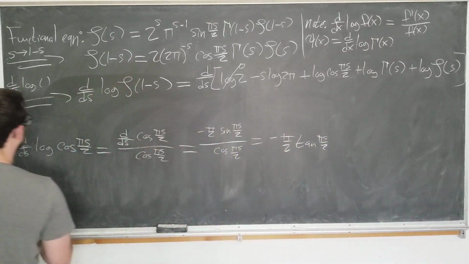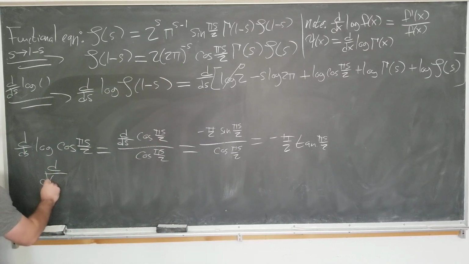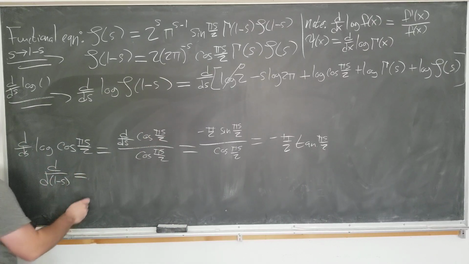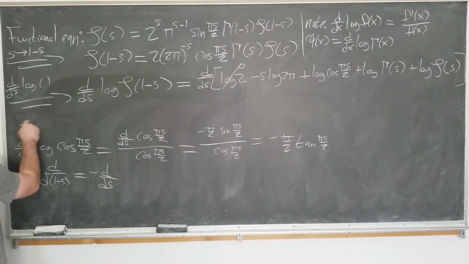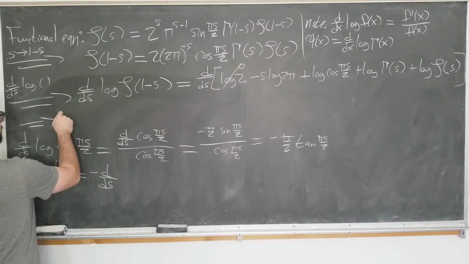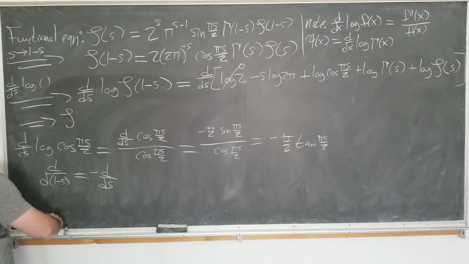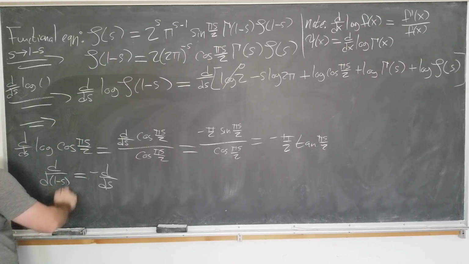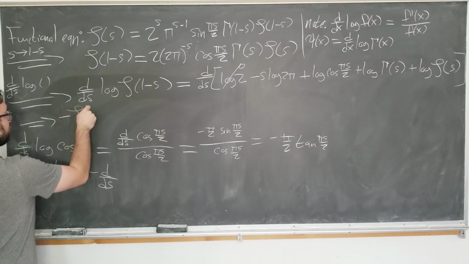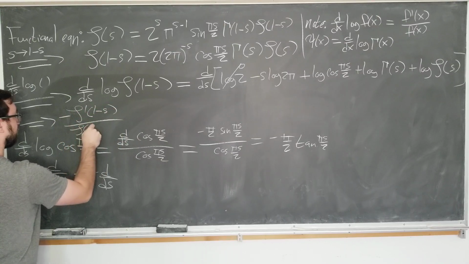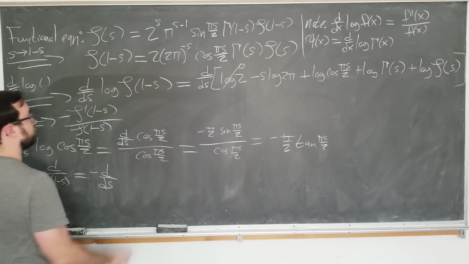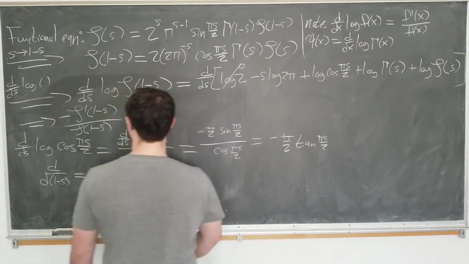We can note that d by d of 1 minus s is the same thing as minus d by ds. So we can write this as minus zeta prime of 1 minus s over zeta of 1 minus s, is equal to whatever we get on the other side.